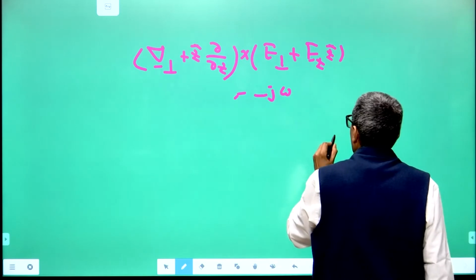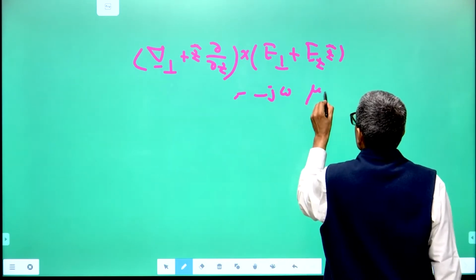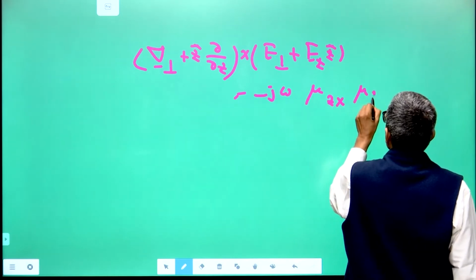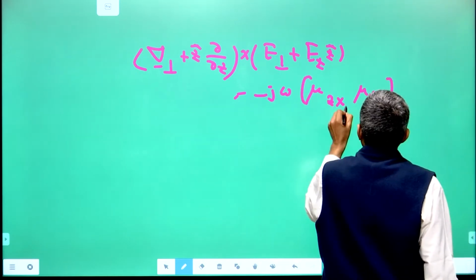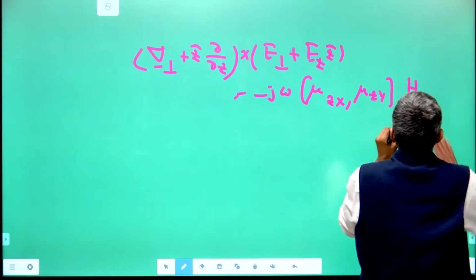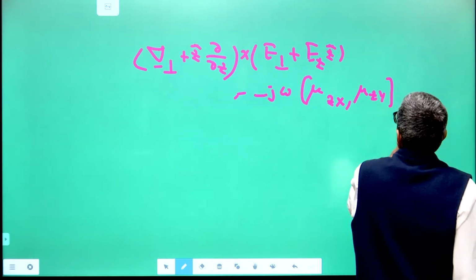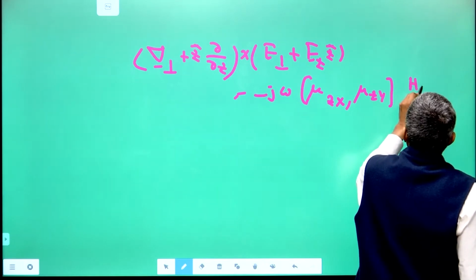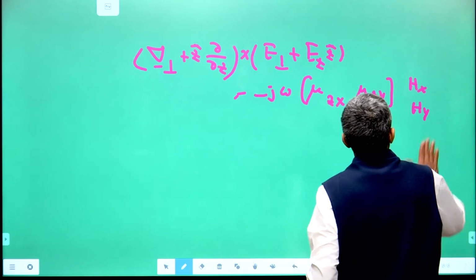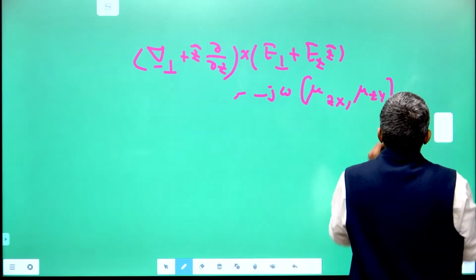If you look at the third component, it is nothing but mu zx mu zy into hx hy. So it will be nothing but h perpendicular.